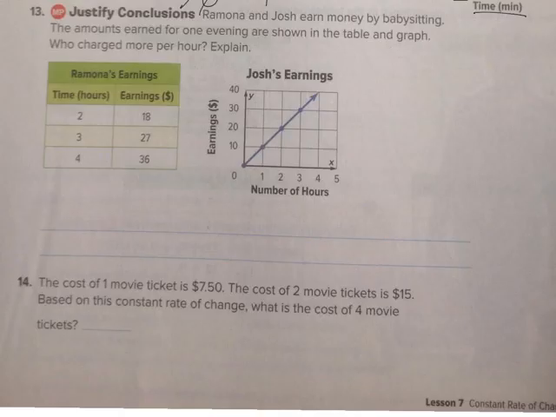So for number 13, they're asking who charged more per hour. In Ramona's, we see that in 2 hours she charged $18, but we want to figure out what 1 hour would be. So we divide 2 by 2 and get 1, and we also divide 18 by 2, and we get 9.